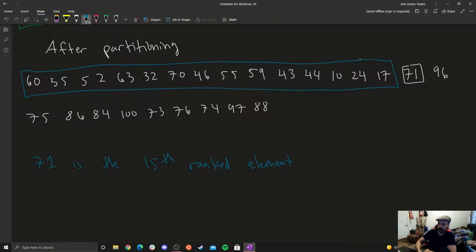So 71 is the 15th element, therefore the median must be in the left side of the pivot, which in this case 71 was the pivot.